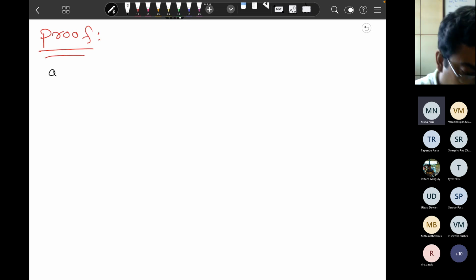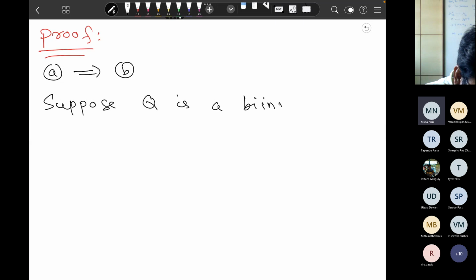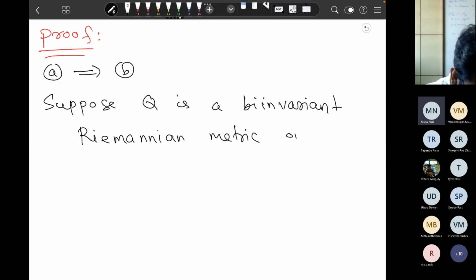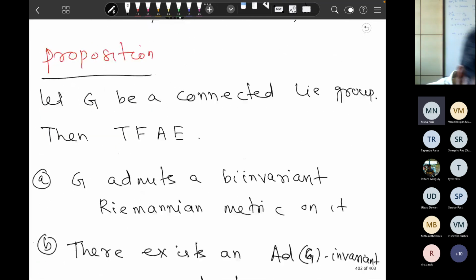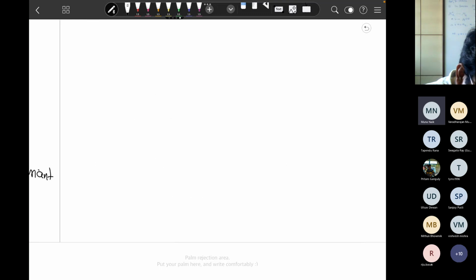Proof. This is A implies B. Suppose Q is a bi-invariant Riemannian metric on G. Now Q_e is an inner product on the tangent space at the identity, and you expect that Q_e is an Ad(G)-invariant inner product.